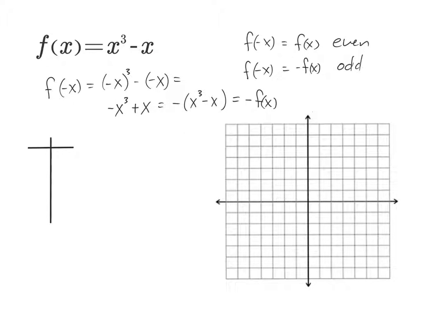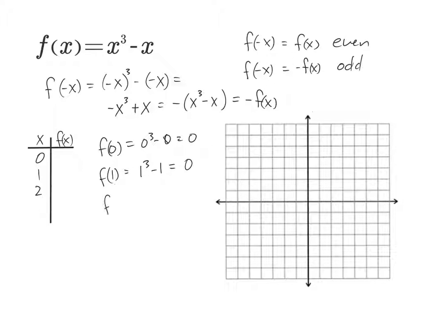So since I don't know what this is going to look like, I'm going to plot a bunch of x points, and we're going to get out our f of x. Well, I'm going to do 0, 1, and 2. And we're not going to do negatives because I know what it's going to look like on the other side if it's odd. So f of 0 is 0 cubed minus 0, which is going to be 0. f of 1 is going to be 1 cubed minus 1, which is going to be 0.